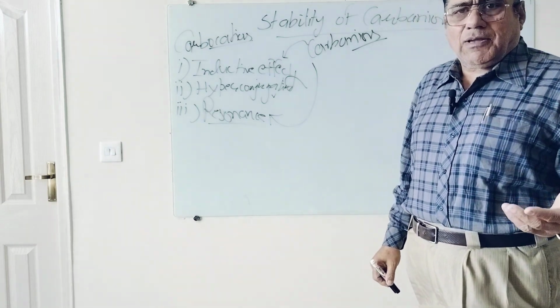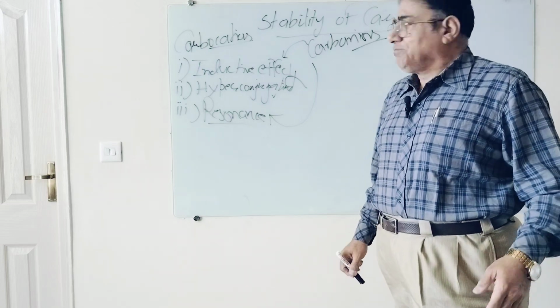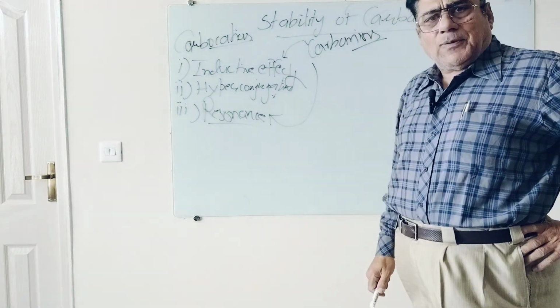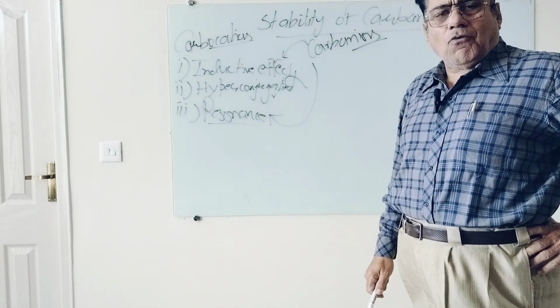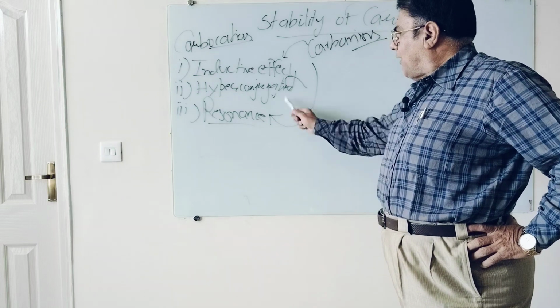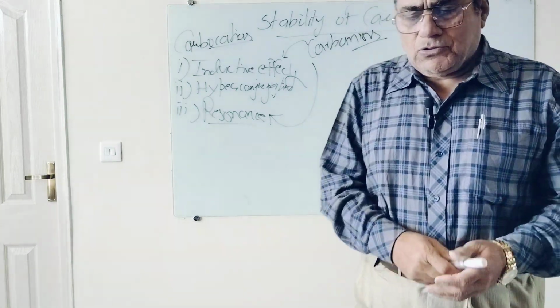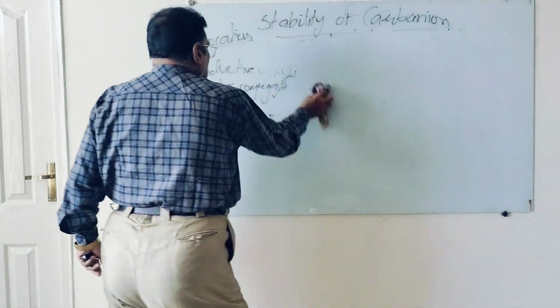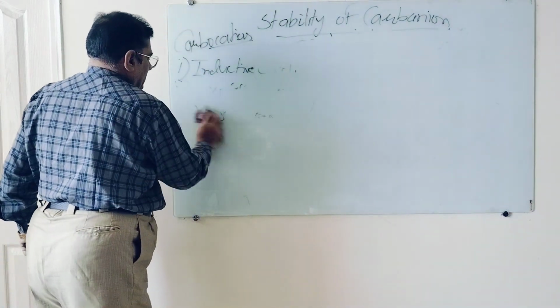Even at MSc level, students never ask the question, but this is a very good question. Why can we not explain it with hyperconjugative structures? Is the hyperconjugative structure not possible? Let us have a glance.